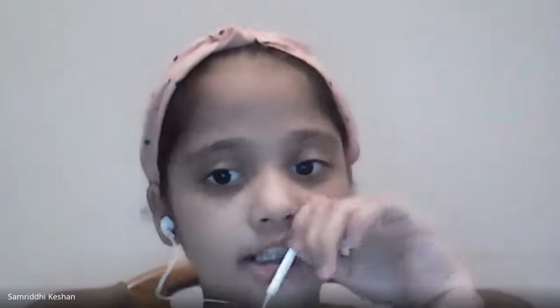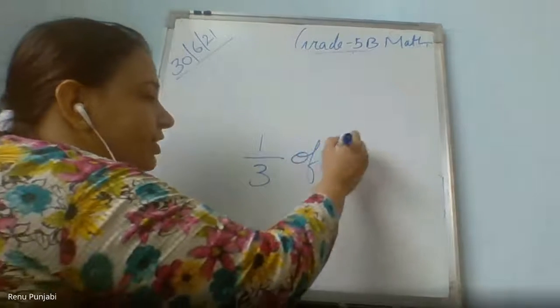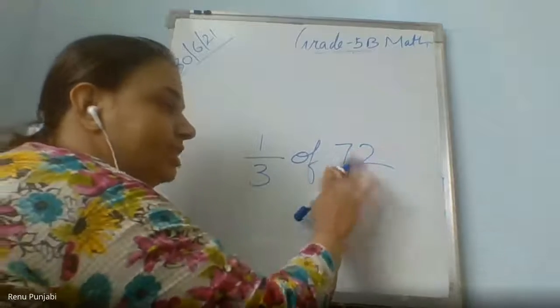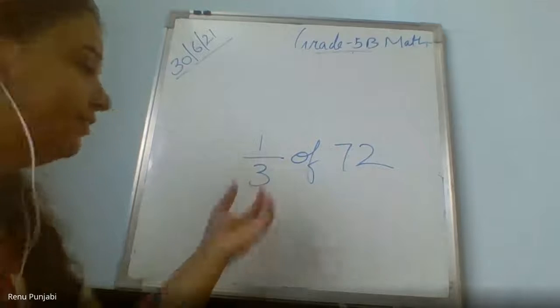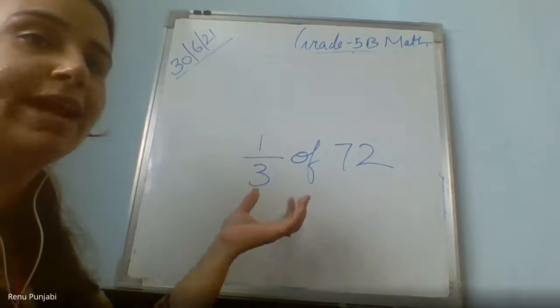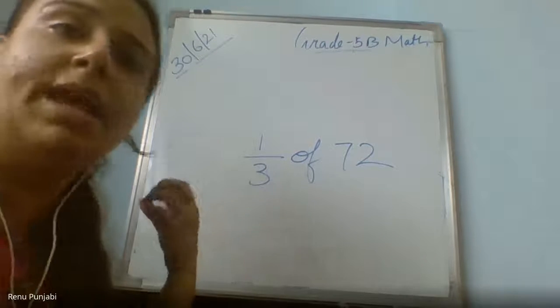Ma'am, in worksheet number 5, question number 1 upon 3 of 72 liters. 72 liters means you need to see the number only, 72. Find the 1 upon 3 of this. If you are clear with the concept, how to find 1/3, how to find half, it can be any number.